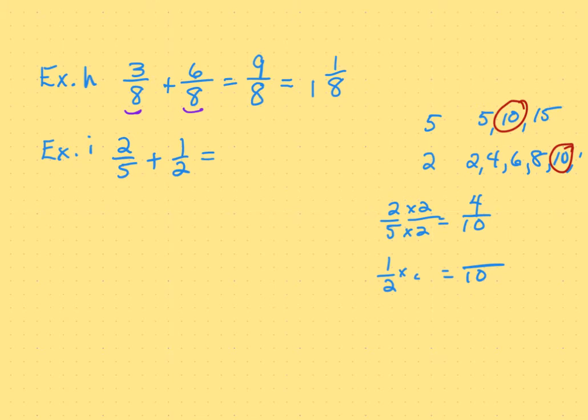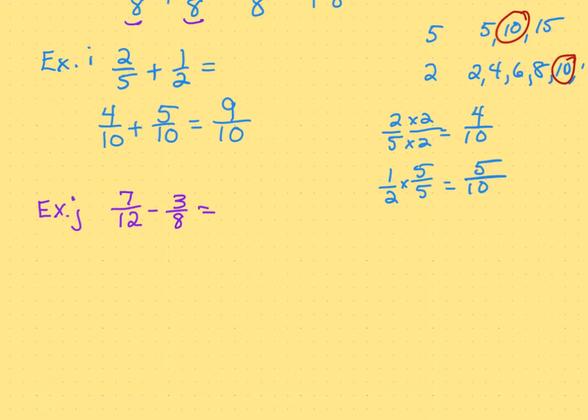Okay, we're going to multiply 1/2 by 5/5, and so we can rewrite 2/5 as 4/10, and we can rewrite 1/2 as 5/10, and when we add those together, 4 plus 5 is 9, and we keep the common denominator. That cannot be reduced any further. We are done with that problem.